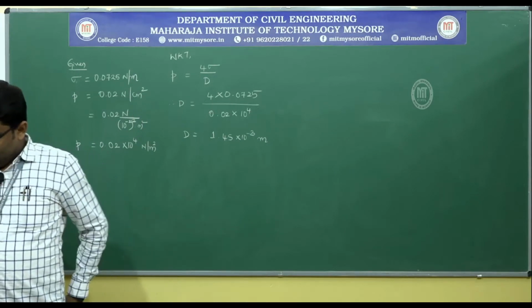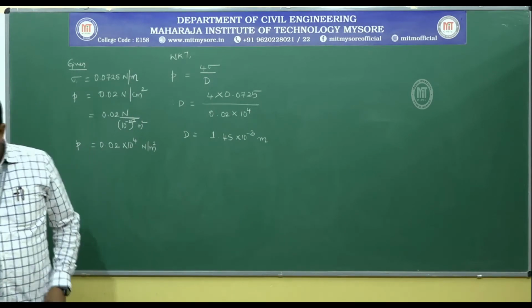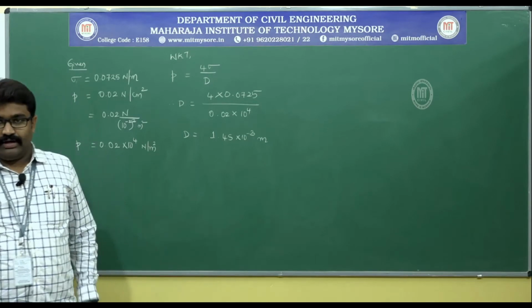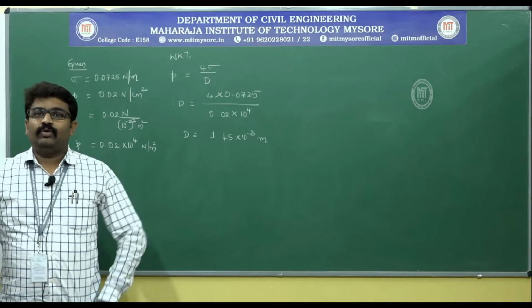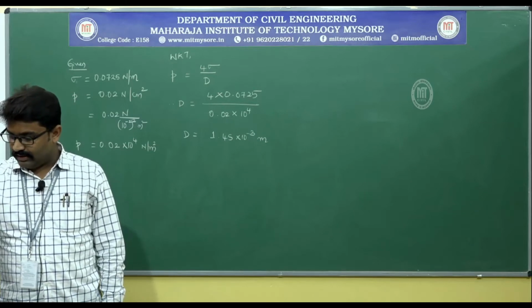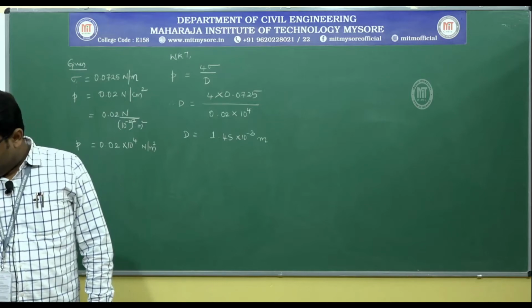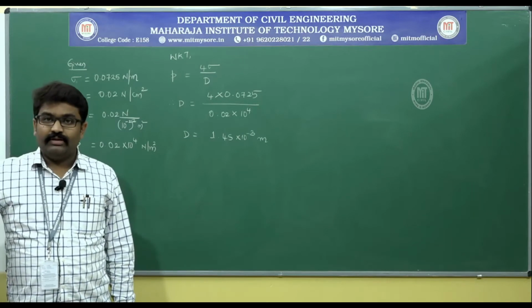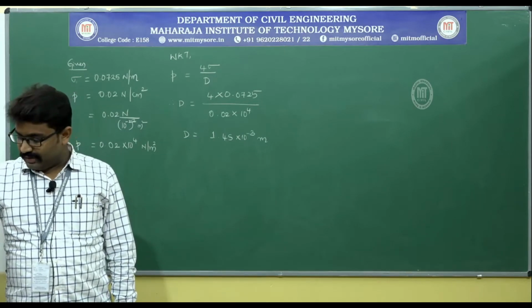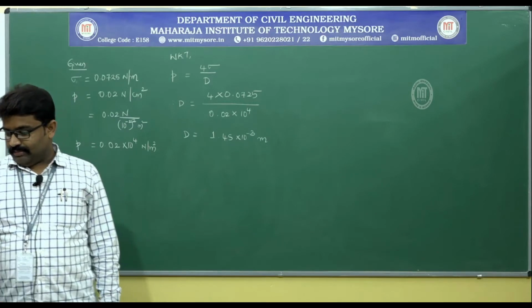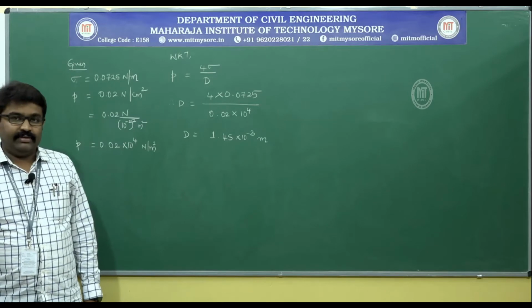The next problem is: the pressure outside the droplet of water of diameter 0.04 millimeter is 10.32 Newton per centimeter square.